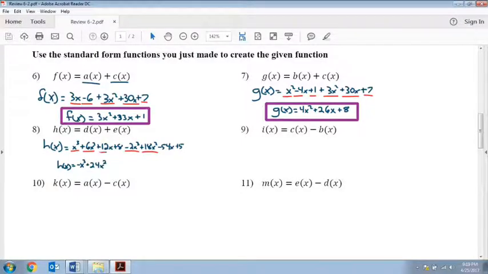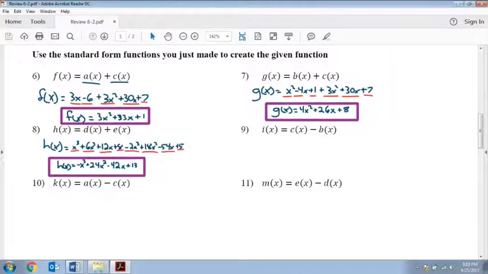Then do your x's. I got 12 minus 54, which is negative 42. So it's negative 42x. And then last but not least, 8 plus 5 is 13. So that's my h of x there.